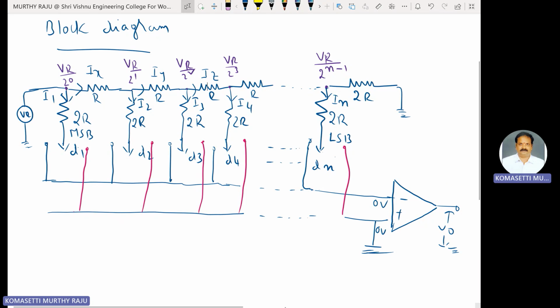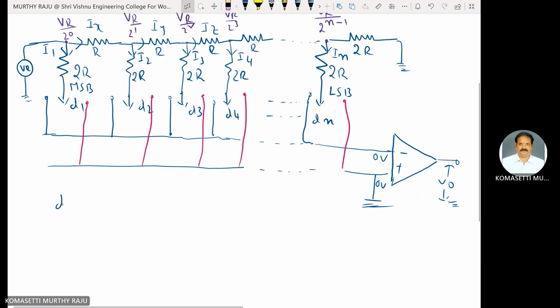Here the data word is represented as Di, where i is equal to 1, 2, 3, and so on up to n, where n is the number of bits in this data word D1, D2, D3, D4, and so on up to Dn.